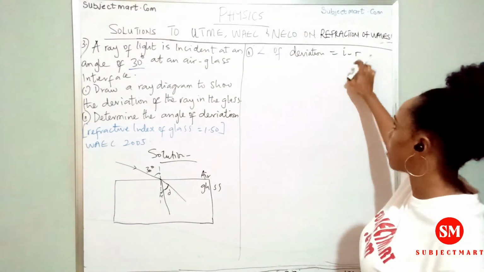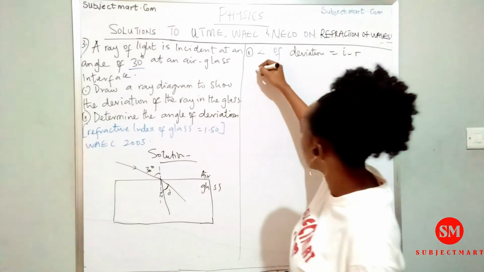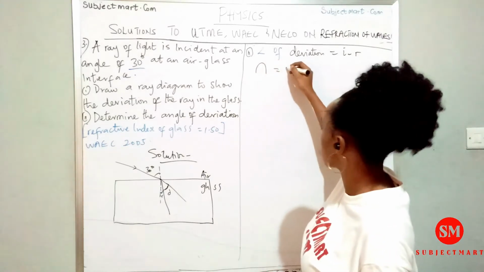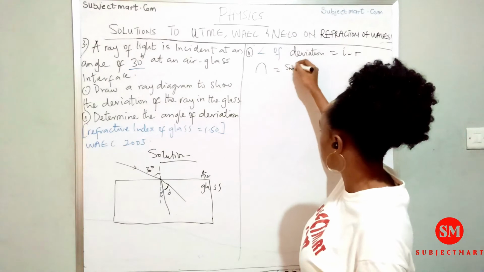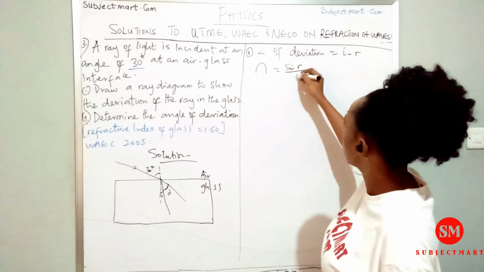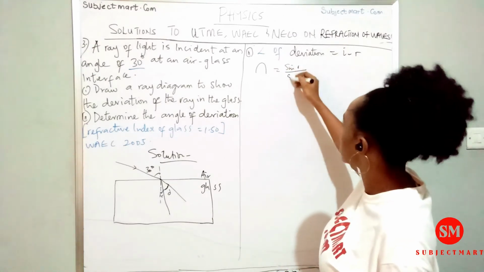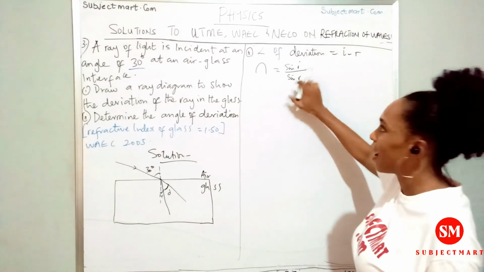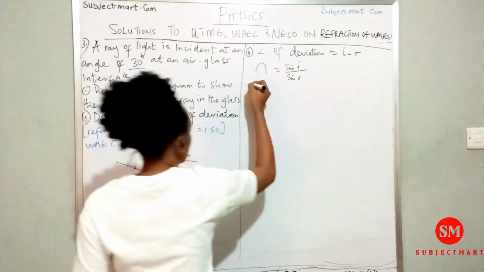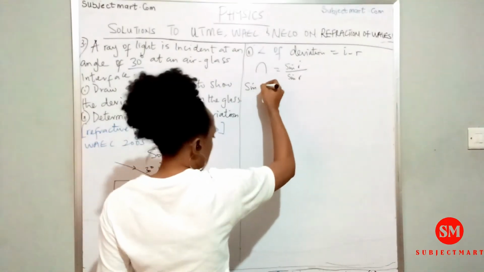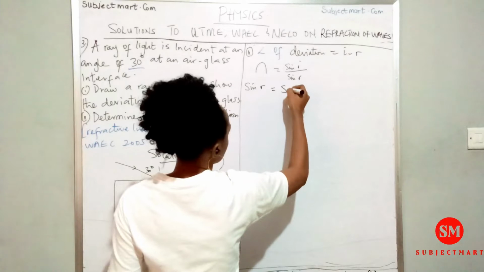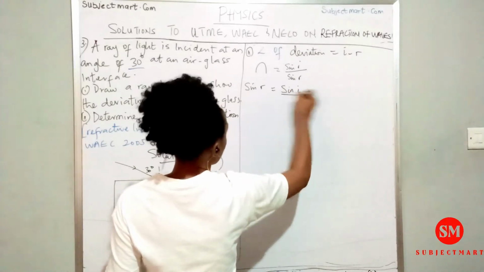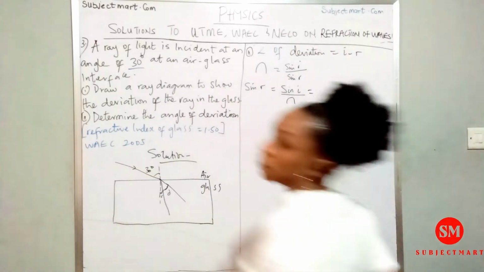So let's go ahead and find our r. We also recall that refractive index is equal to sine i over sine r. So if we make sine r the subject of the formula, we have sine r is equal to sine i over the refractive index.